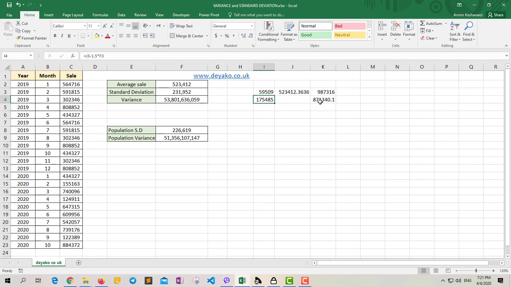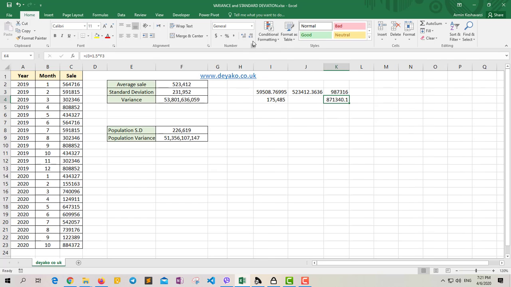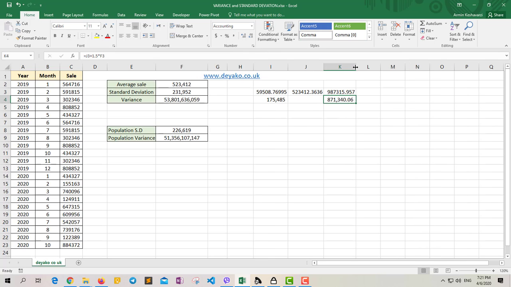So for example, we are telling that in the minimum case we will sell $155,000, for example, and at the maximum we will sell $871,000, and on average we will sell $523,000. So by using the standard deviation, we can plan with more accurate data.